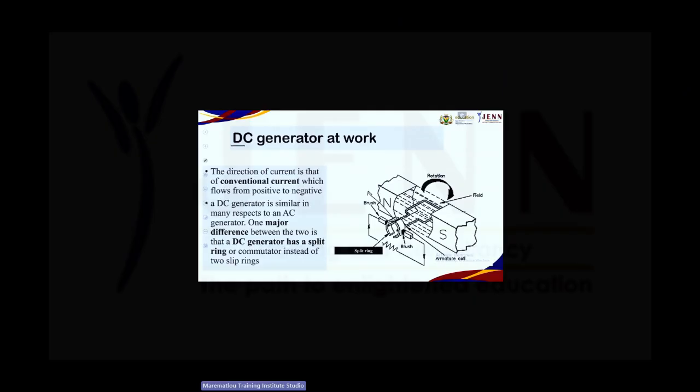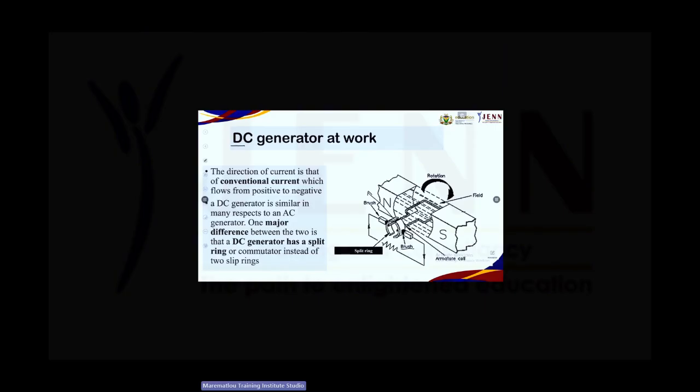Now, can you see if we look at our split ring, then there are gaps. And as soon as those gaps are across from your brushes, then there's a gap in the circuit, which helps the current to go in one direction in your coil the whole time.